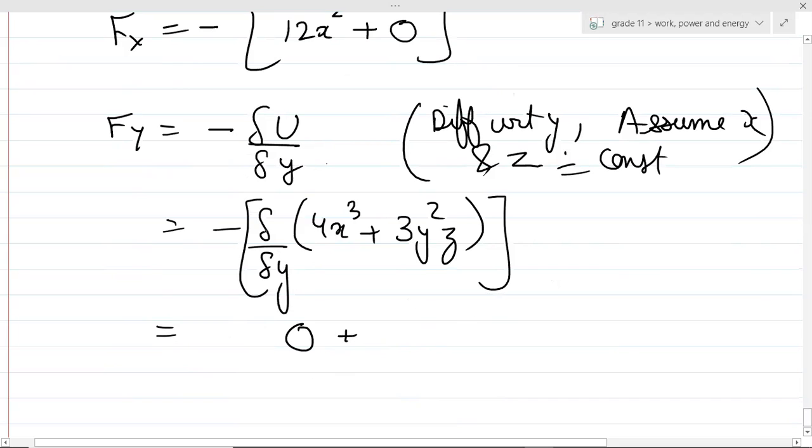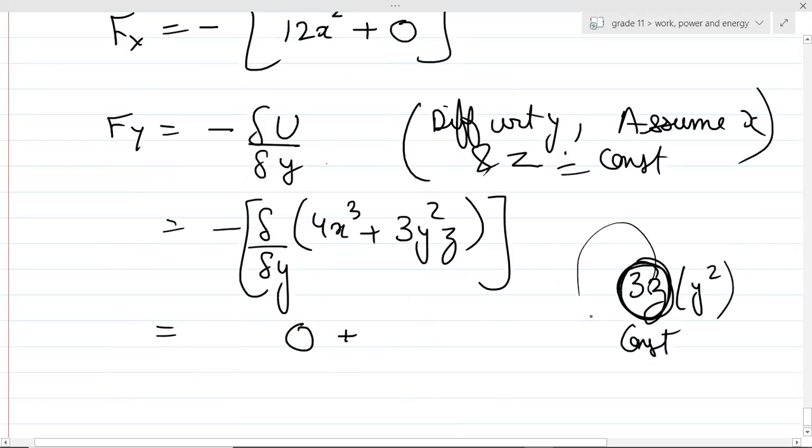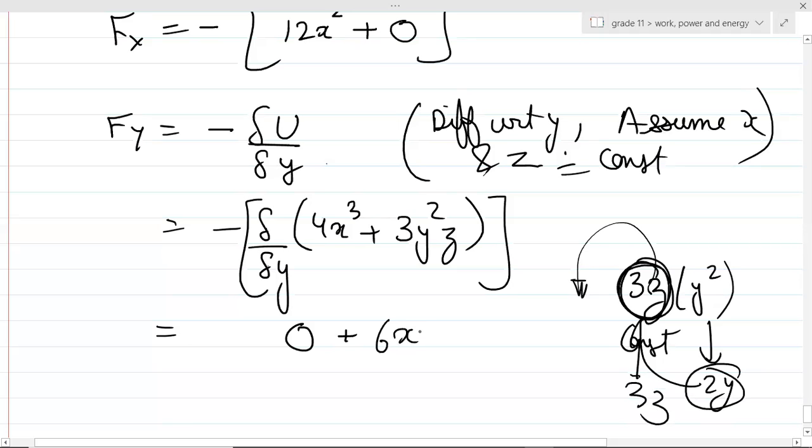Now can you see this is delta y by delta y? I can write it as 3z into y square, right? So I have to assume this whole thing is a constant. So this constant will be taken out of the differentiation, and what is the differentiation of y square? 2y, right? This 2y multiplied by 3z will be 6yz.